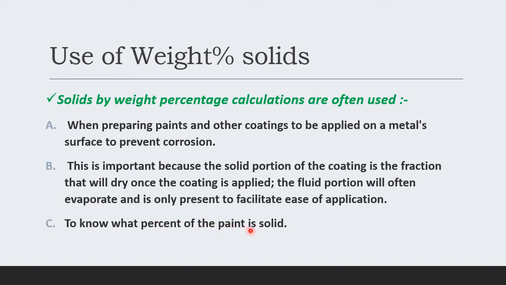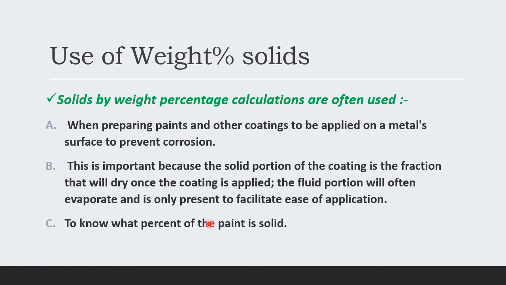The next point is to know what percent of the paint is solid. By weight percent solids we can know what amount of solids is present in that paint, because paint quality depends on the solids, and the solids depend on the amount of resin and pigment, meaning the weight of pigment and weight of resin: how much resin, how much TiO2 or iron oxide you add in that particular paint.